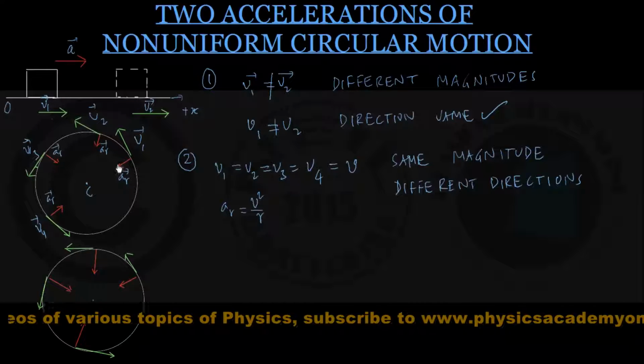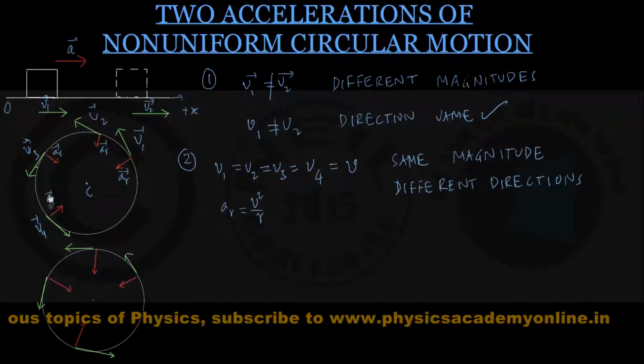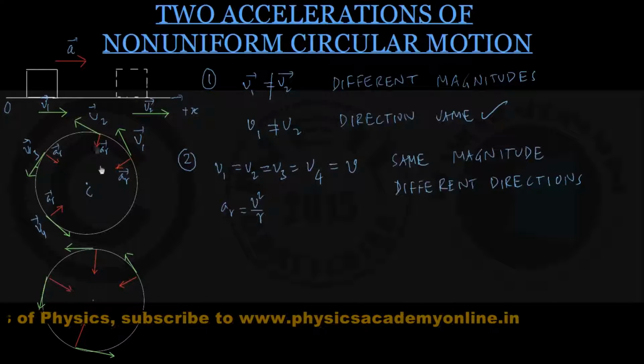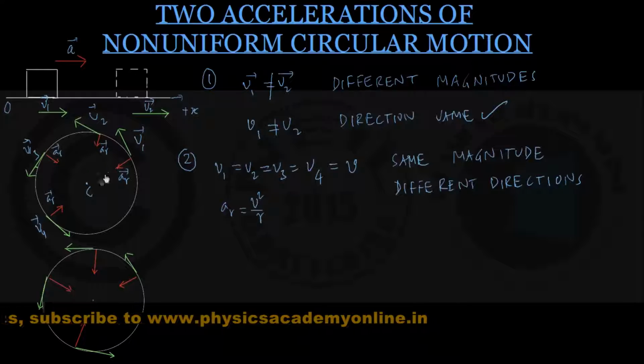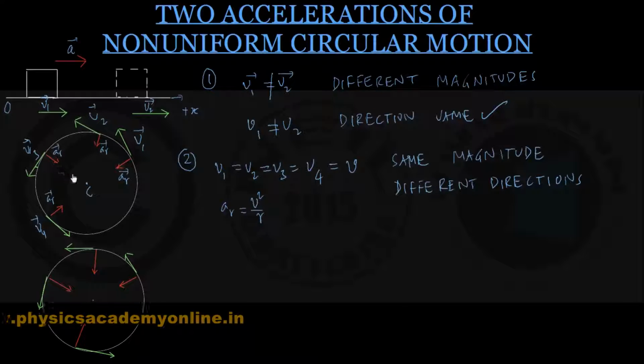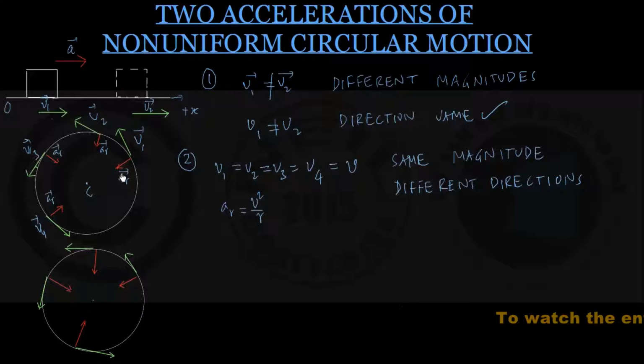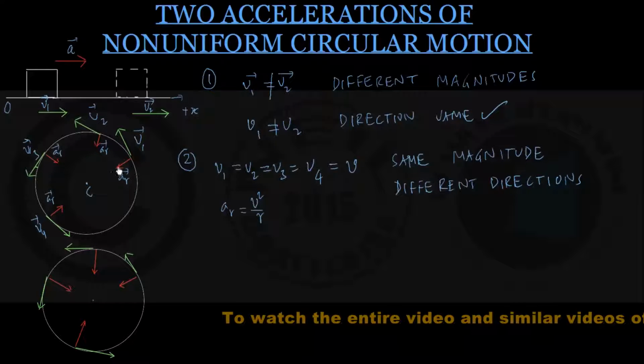That's why you find these red arrows have the same length everywhere, but their directions keep on changing since they point towards the center. As you can easily argue, at different locations the direction is obviously changing because it has to be towards the center at every single location, that's radially inward. So in uniform circular motion, centripetal acceleration is the only acceleration, given by AR, which has a constant magnitude depending on speed and radius, but variable directions along the inward radius.